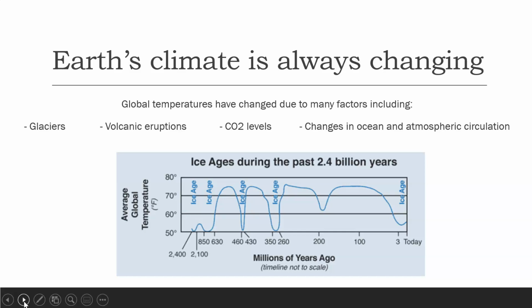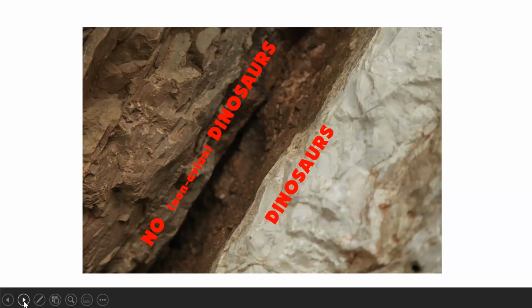Our CO2 levels in the atmosphere have been changing even long before people were here. There's been changes in our ocean and atmospheric circulation, which has changes on our climate. It could have to do with how close or how far away the Earth is to the sun in our Milankovitch cycles, many different factors.